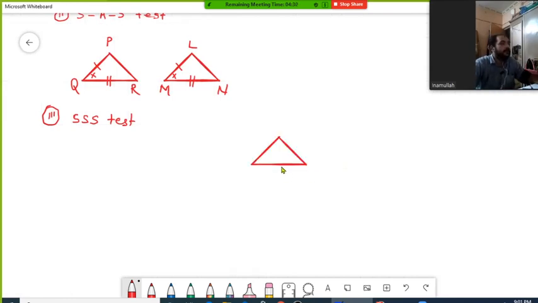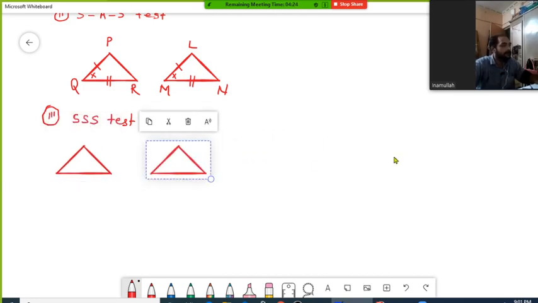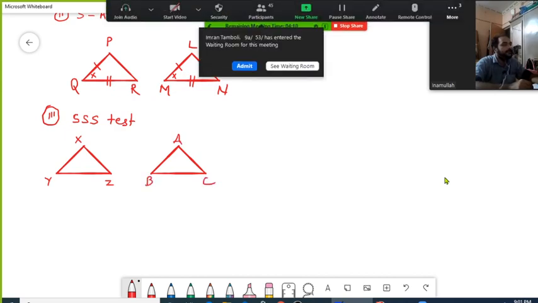All three corresponding sides will be equal. Suppose you have two triangles, one is triangle XYZ and other one is triangle ABC.